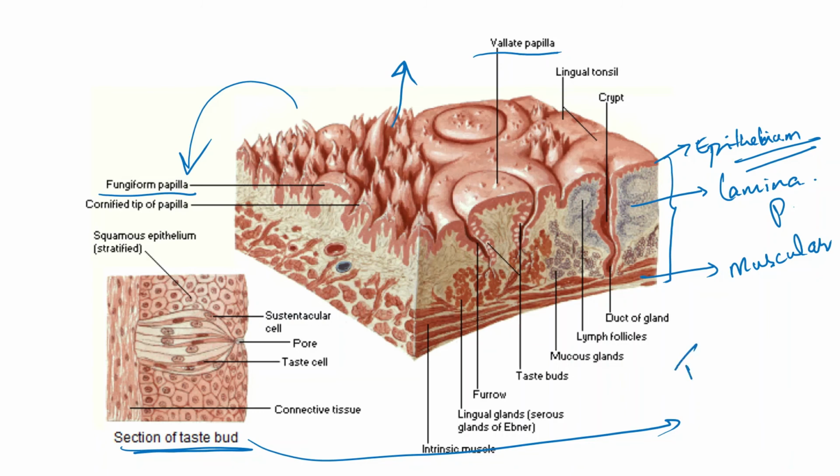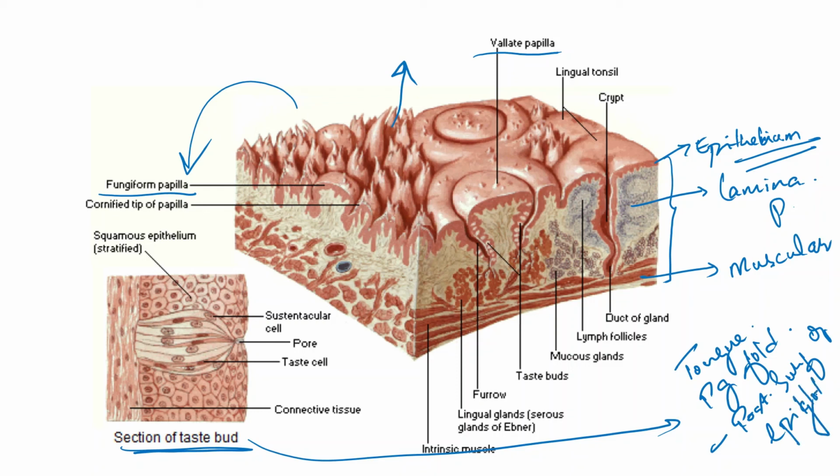Other than the tongue, the taste buds are present along the palatoglossal fold. They are present along the posterior surface of the epiglottis, which is the cartilage of the larynx.